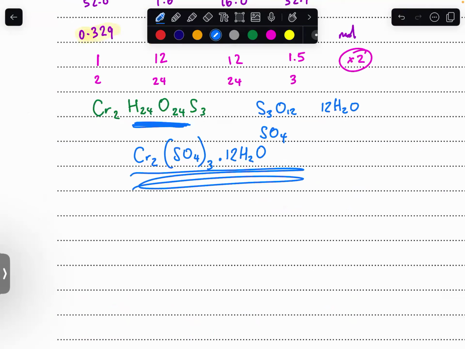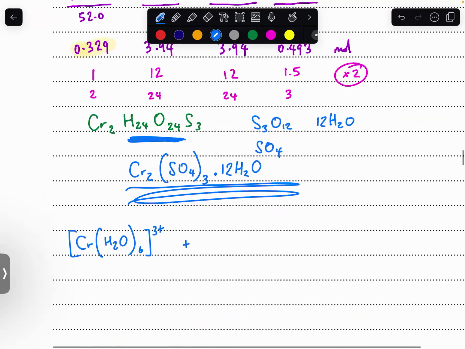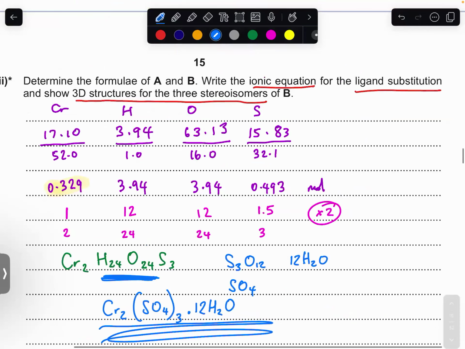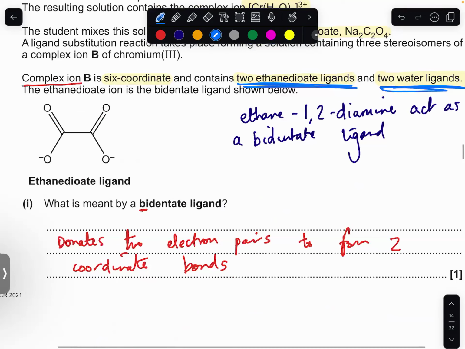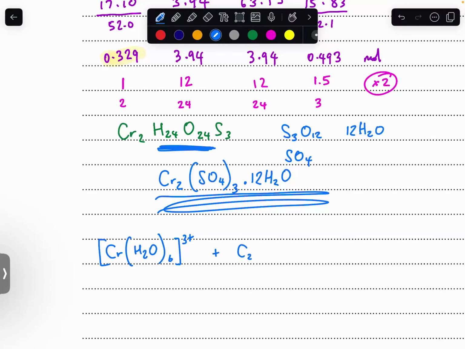You've got your complex, which is Cr surrounded by 6 water molecules with a 3+ charge. And you've got your ethanedioate ligands, C2, 2 carbons, 4 oxygens, with a 2- charge. So this is your ligand. This goes on to give you the complex.